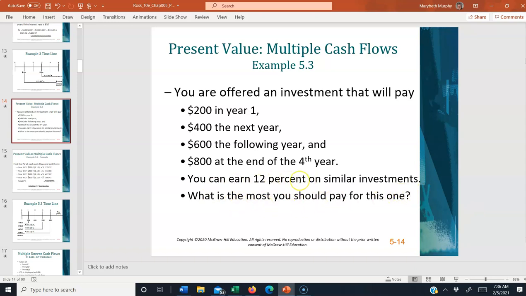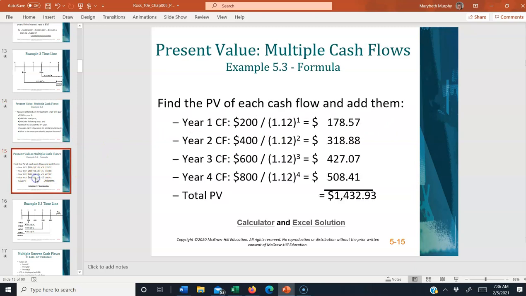Well, if we can earn 12% on similar investments, we wouldn't want to earn any less on this investment I've been offered. Okay, so let's do the calculations. In this case, we're working backwards.